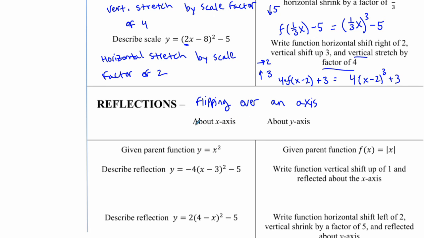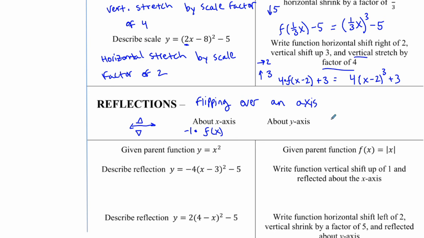You're flipping vertically, right? If you're flipping over the x-axis, you're taking your graph or your shape and you're flipping it over the x-axis. So when we do this, we're actually multiplying by -1 on the outside.